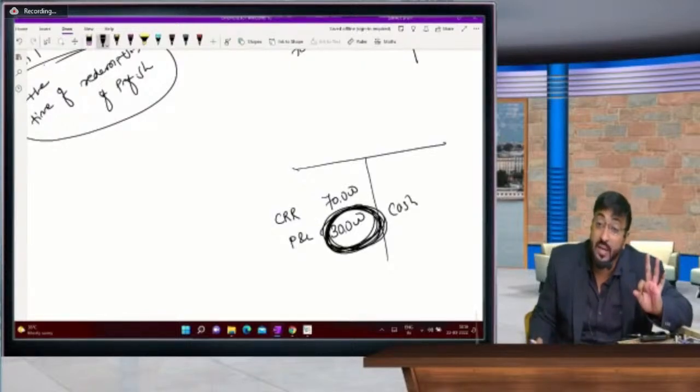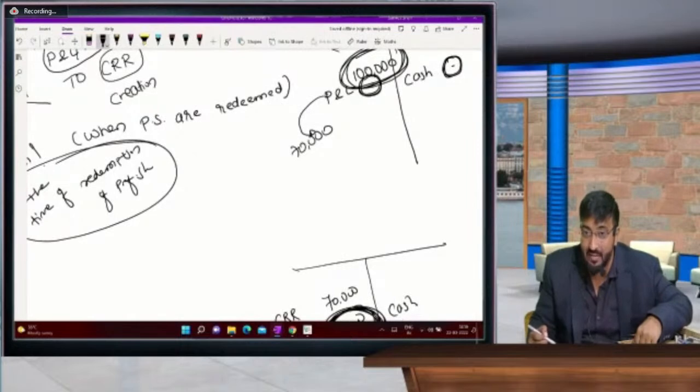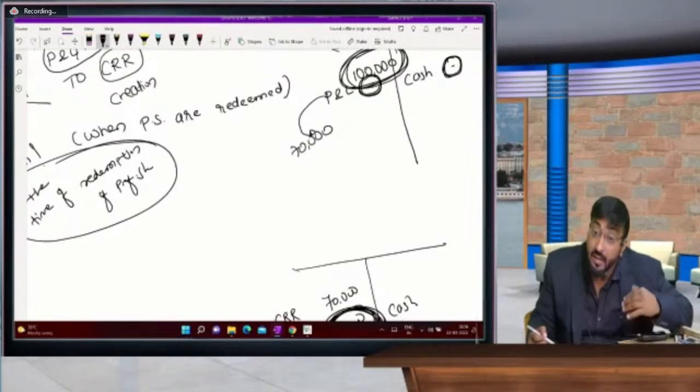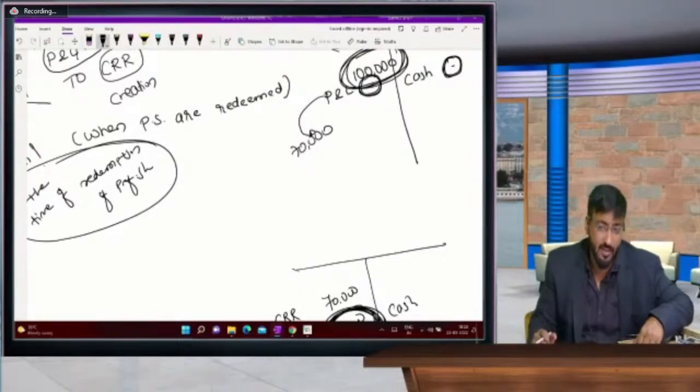See how beautifully the lawmaker made the provision. If you are redeeming your preference shares, it means either you create CRR or you go by the option of issuing equity shares. I always give this example to my students.